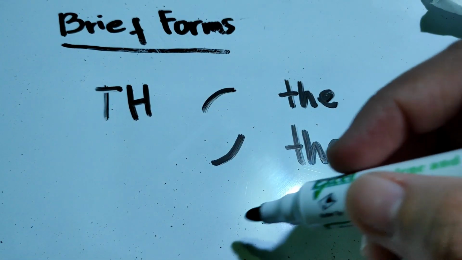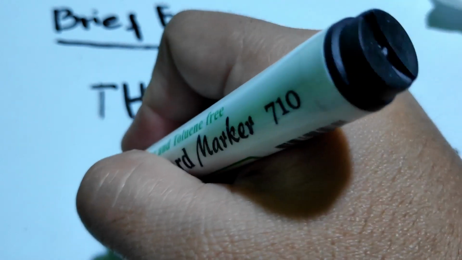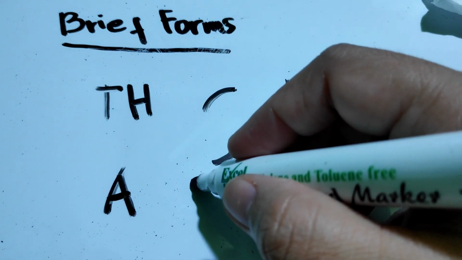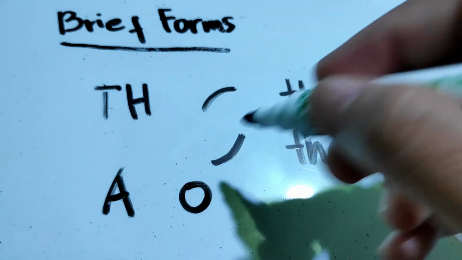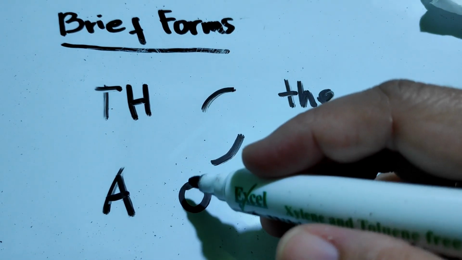Okay? Next letter is the letter A, the vowel A. So, the vowel A, ang iyahang sign kay ingon ana or ang iyang stroke is a big circle.